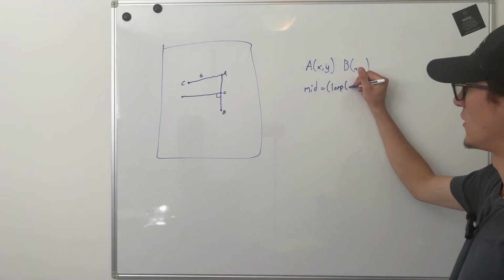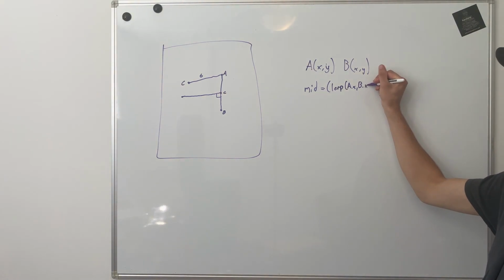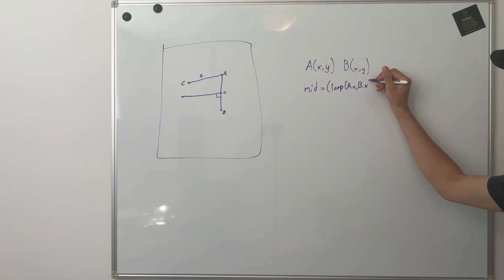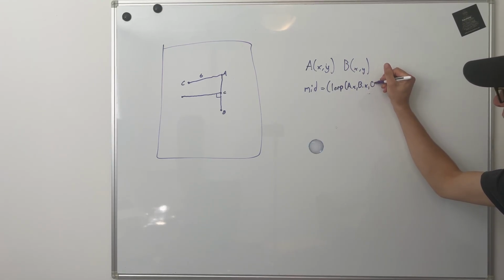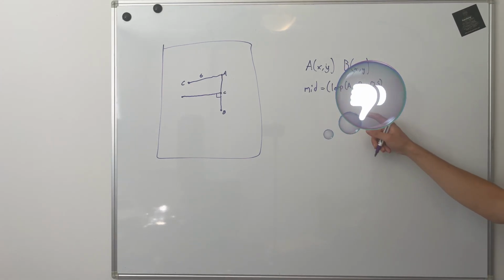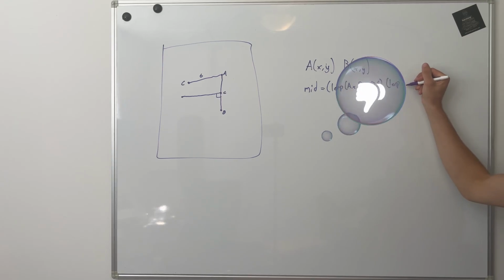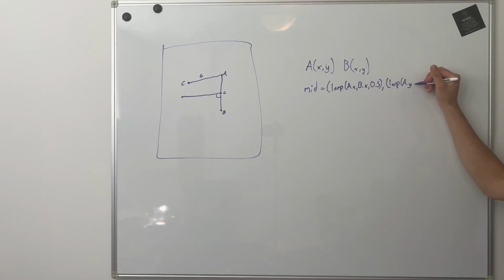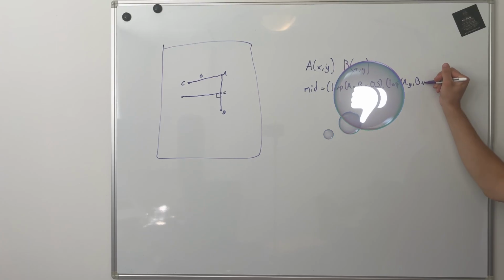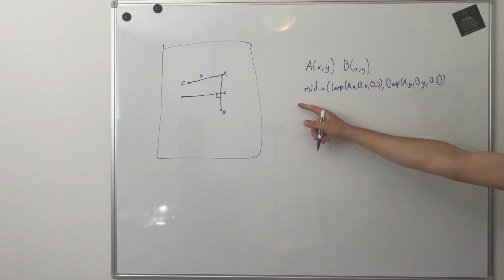We'll pass A dot x and B dot x, and we need to pass the amount that we want to lerp. This will be the x value for the midpoint, and the y value will be the same thing: also a lerp, but this time A dot y and B dot y at the same value, which is 50% or 0.5. All right, so this will be our midpoint.